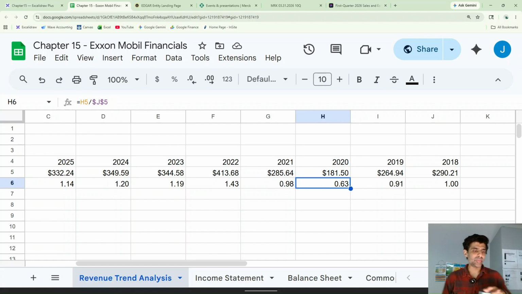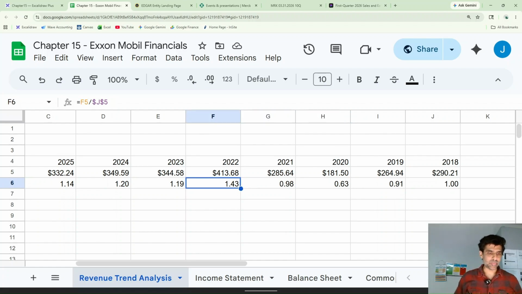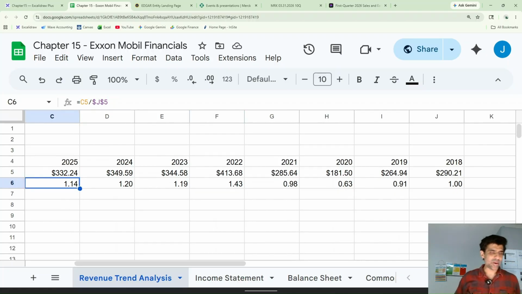And then you see that it eventually picked back up, peaked, and now it's declined again. It's probably up now. If we looked at ExxonMobil in 2026, what is it going to be? It's going to be higher than this, right? Why? What's happened since January or December 2025?